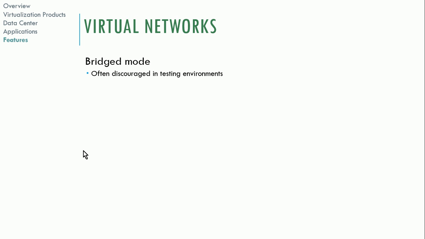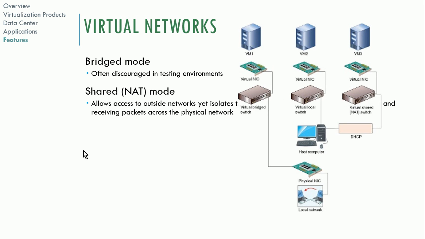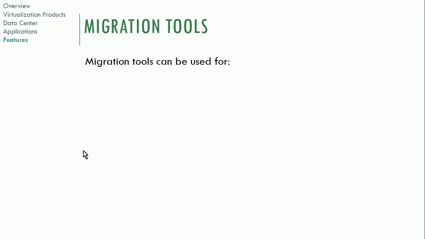So when you see that option, if you want your virtual machine to connect to the network just like any other computer on the network, you would use bridge mode. Shared NAT mode is where your virtual machine can access outside networks, but it does so through the host operating system. So that would be shared NAT mode.